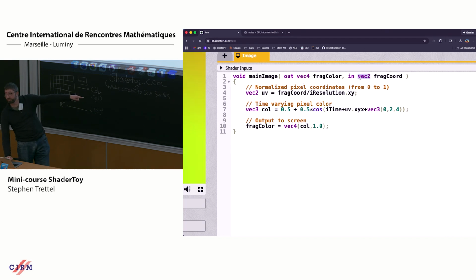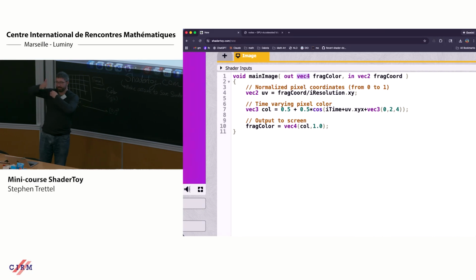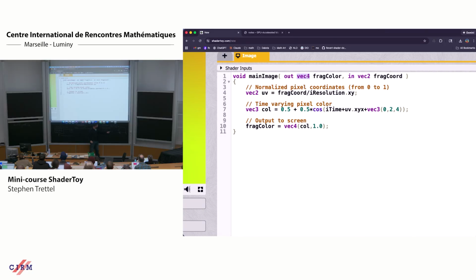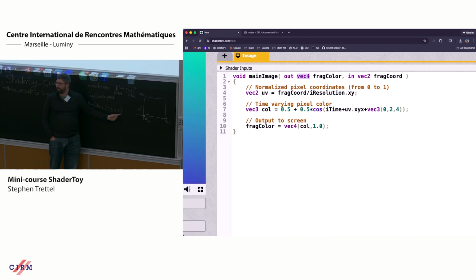That makes sense for our pixel, right? X and Y coordinates. But here there's 4. The fourth one is transparency. Like maybe you're putting multiple images on top of each other in a computer and you want something transparent. We're not going to worry about that at all. So it's red, green, blue, and then transparency, an alpha value. That's just going to be set to 1 all the time for us because we're just drawing one image. So we're just going to set the first 3 coordinates. But your computer actually has 4 for color.